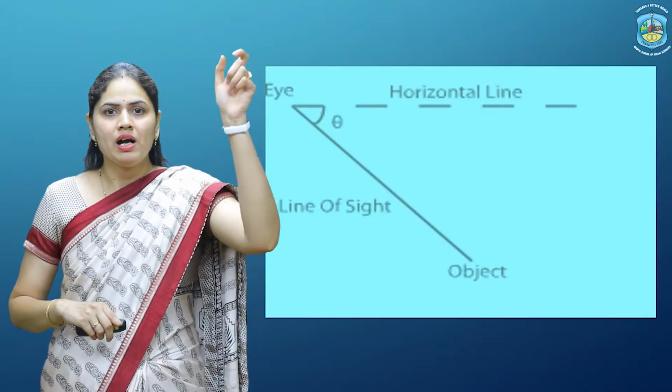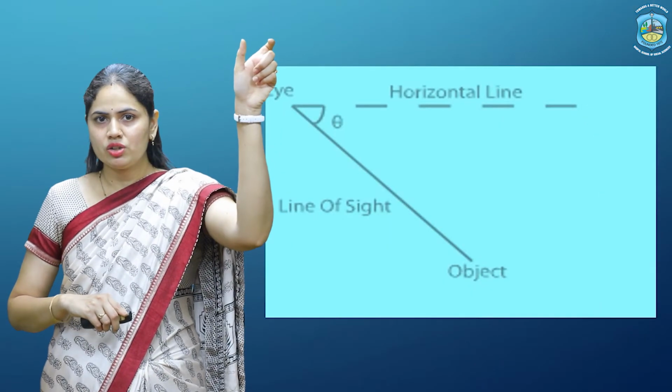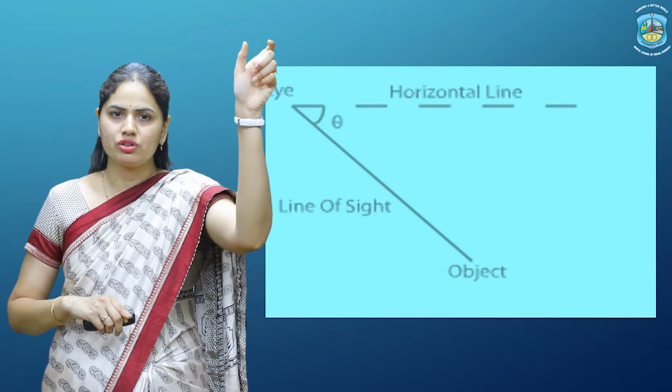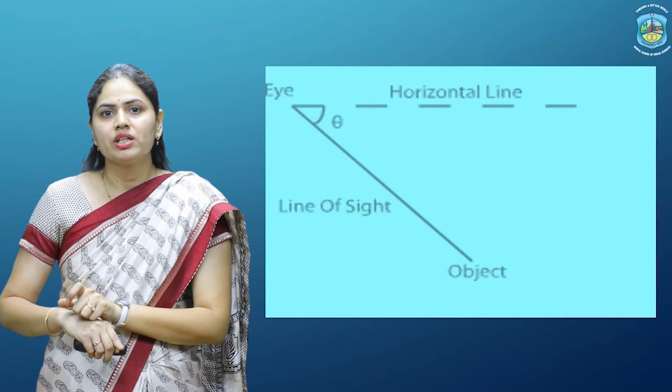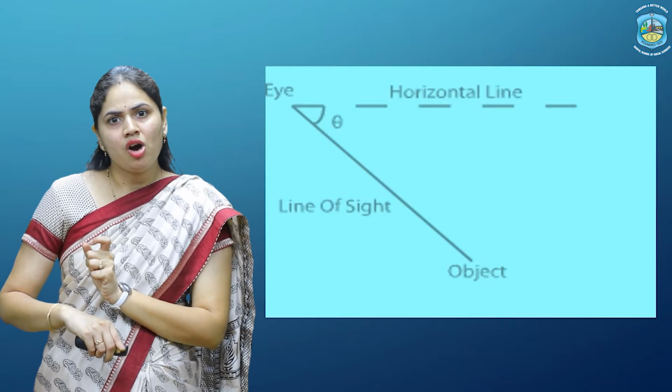The angle made by the line of sight with the horizontal line is called the angle of depression. You can see in this diagram where the person's eye is on top, meaning the observer is on top and he is looking downwards at the object.